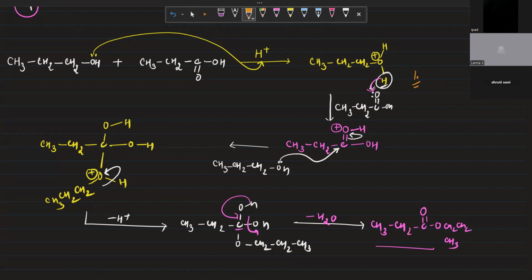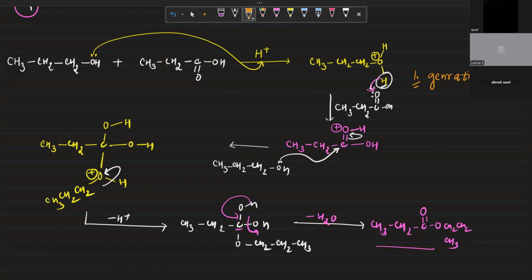The carboxylic acid, it bonds with the... in transition state, right? So the first step is generation of electrophile. Is this right?